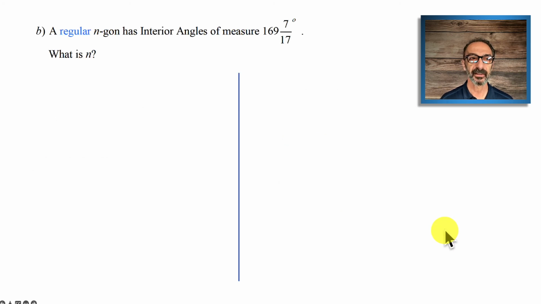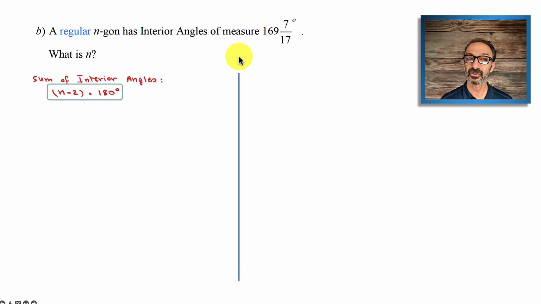A regular n-gon has interior angles of measure 169 and 7/17 degrees. What is n? So we have the interior angle. It's kind of wide open. That means n is more than 5 and 6. So the sum of the interior angles is n minus 2 multiplied by 180.